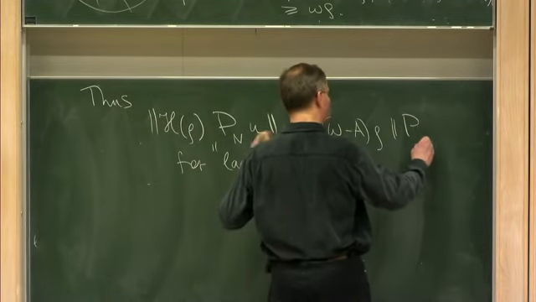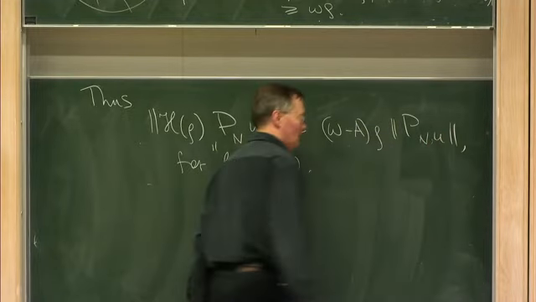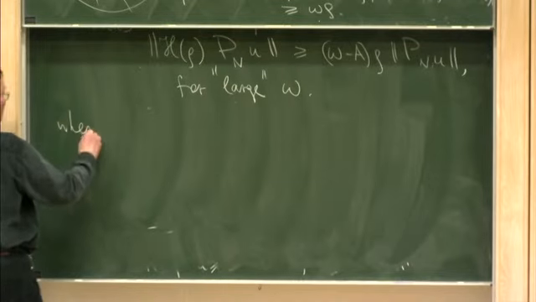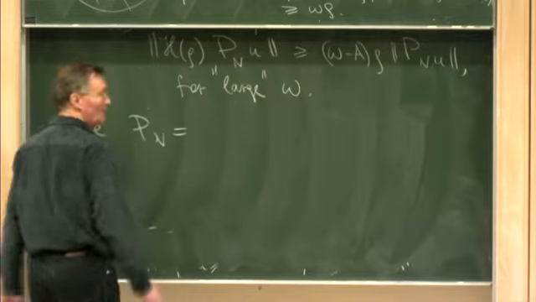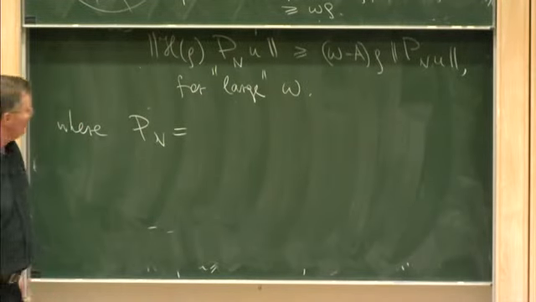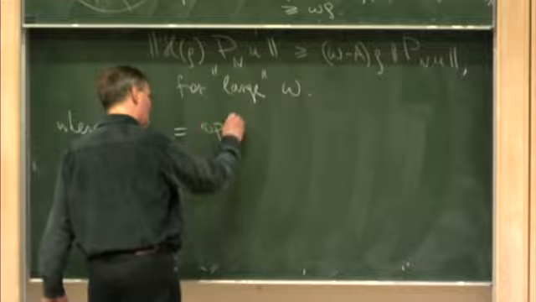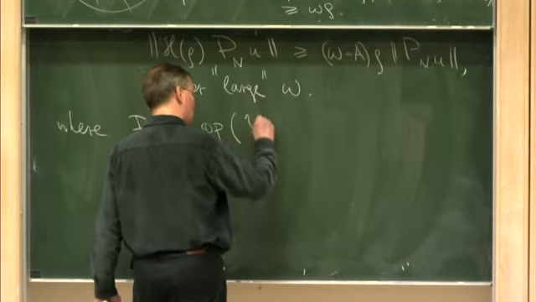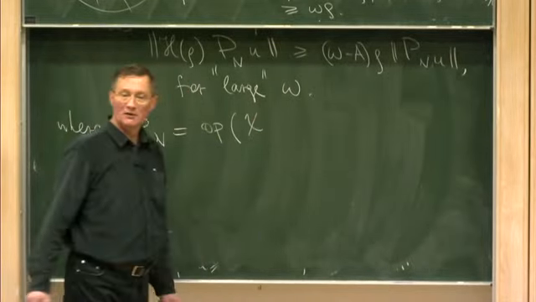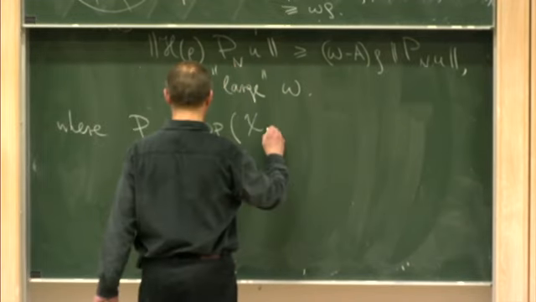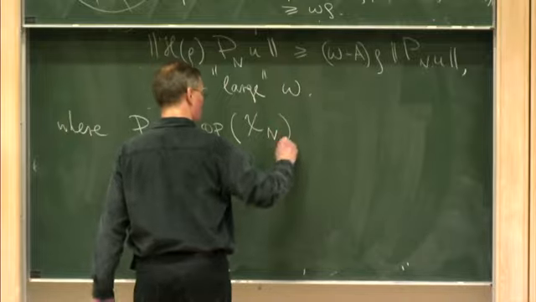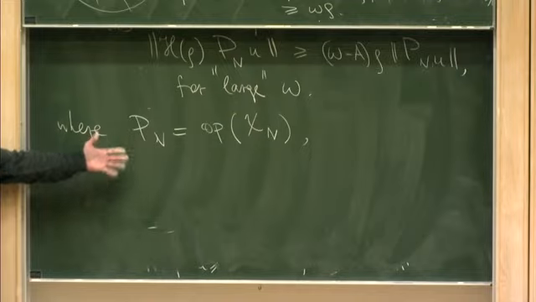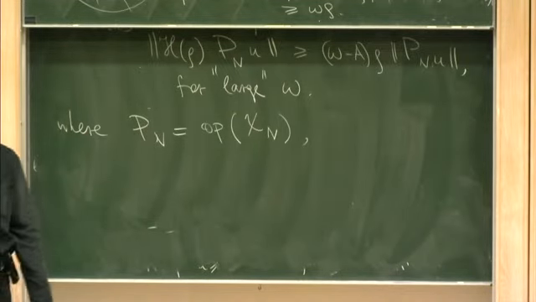Correction, it should be on the subspace. And well, I need to define it where P_N is the projection, or in other words, P_N is just the operator, the differential operator with this symbol. This is just the characteristic function of the set N. Okay? And this is exactly the projection on the subspace spanned by those exponentials.